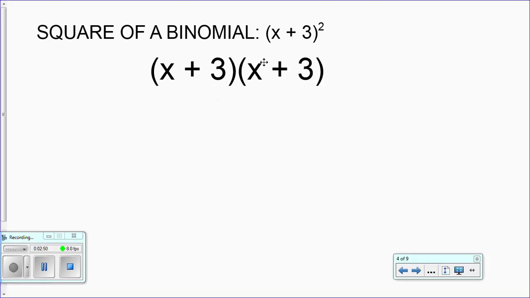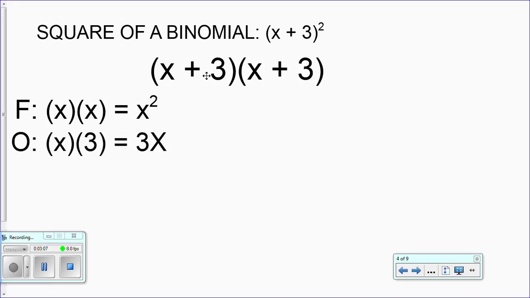Okay, so if you just want to stick to the normal multiplication because that's what you're comfortable with, go ahead. I went ahead and did FOIL. For the first terms, I multiplied the first numbers in the binomials, which was x times x giving me x squared. Outer was x times 3, which gives me 3x. Inner, 3 times x, gives me 3x again.